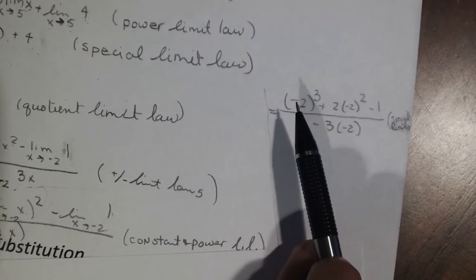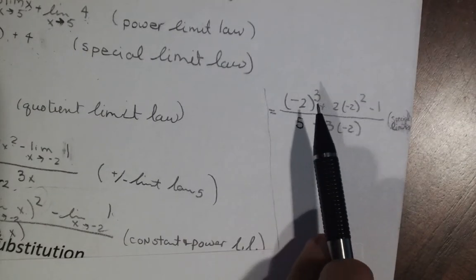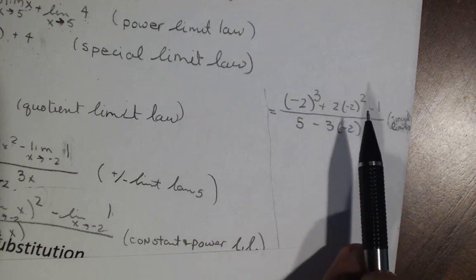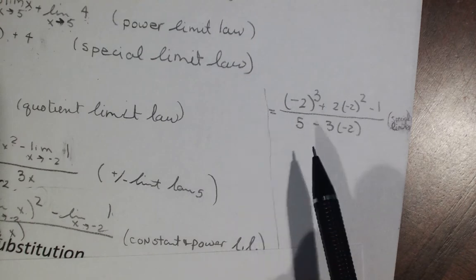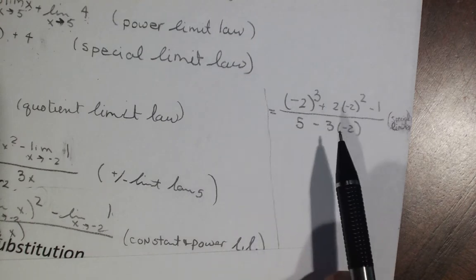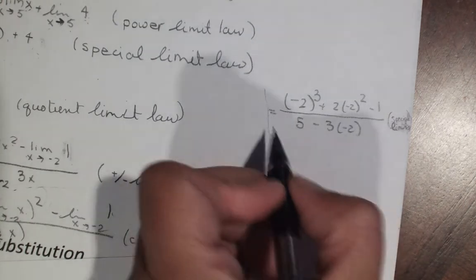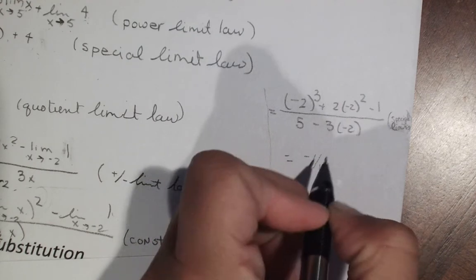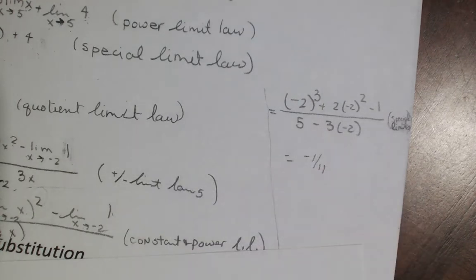So using my special limits, I could say -2 cubed plus 2 times -2 squared minus 1, all of that divided by 5 minus 3 times -2, which gives me -1/11. But if you would have just put -1/11 when it asks you to justify each step, you wouldn't be able to get full credit. So be careful and make sure you're reading instructions.